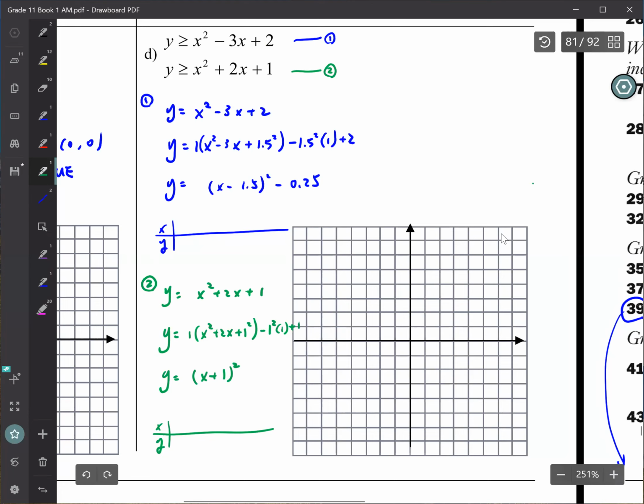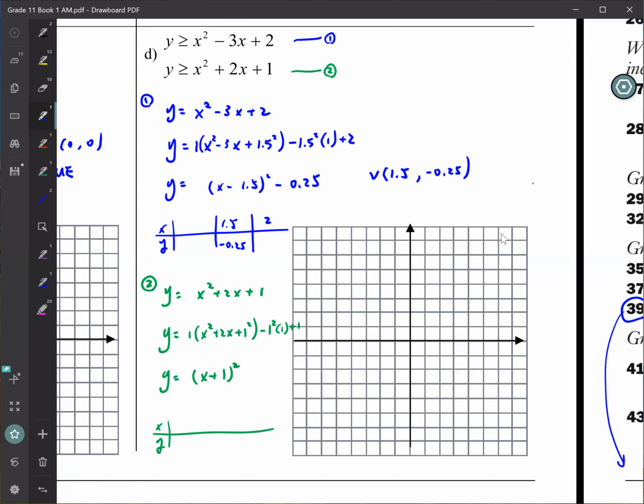Okay, so our vertex for the first one is at 1.5, negative 0.25. I can put that in the middle. So to complete the table, you could use 2 as the right-hand side, and on the left side, you could use 1, and then use 0 and 3, okay?